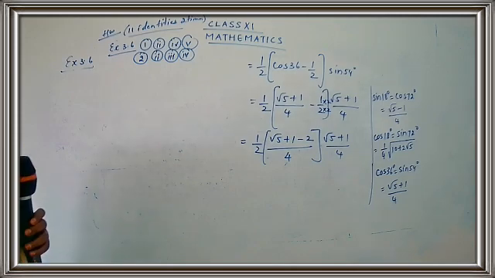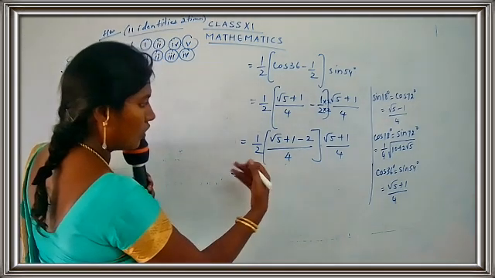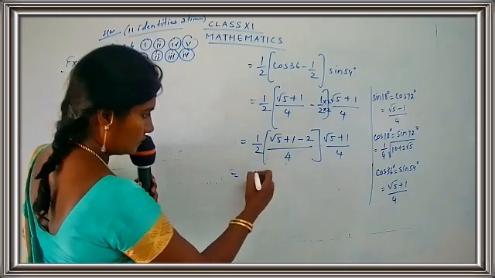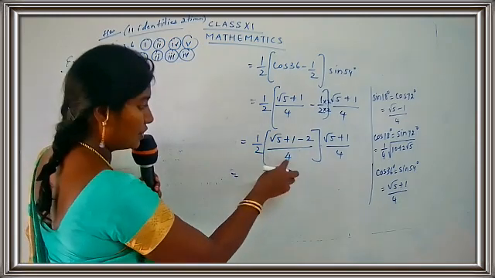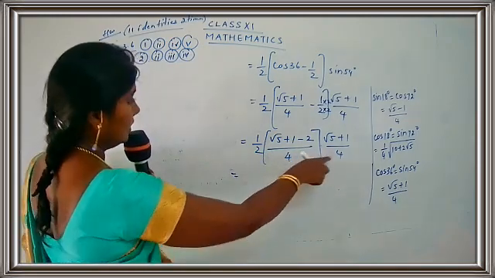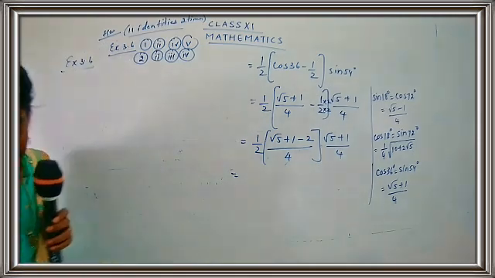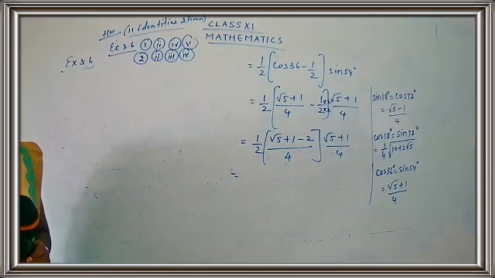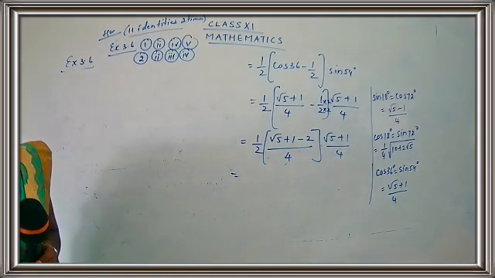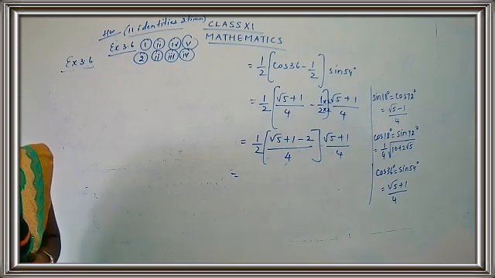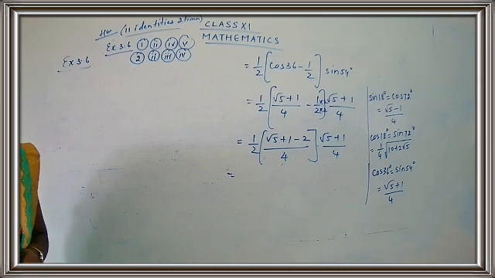Yes, children? Okay. Now, I'm just going to take all the denominators together. So, 4 into 2, 8. What was the answer we need? Yes, they have asked you to find out the answer is 1 by 8.